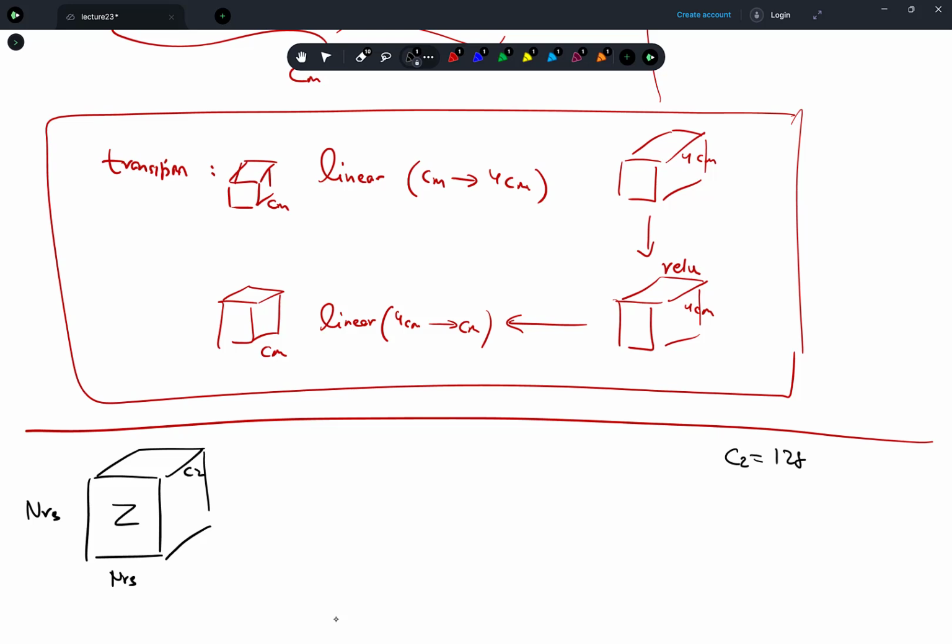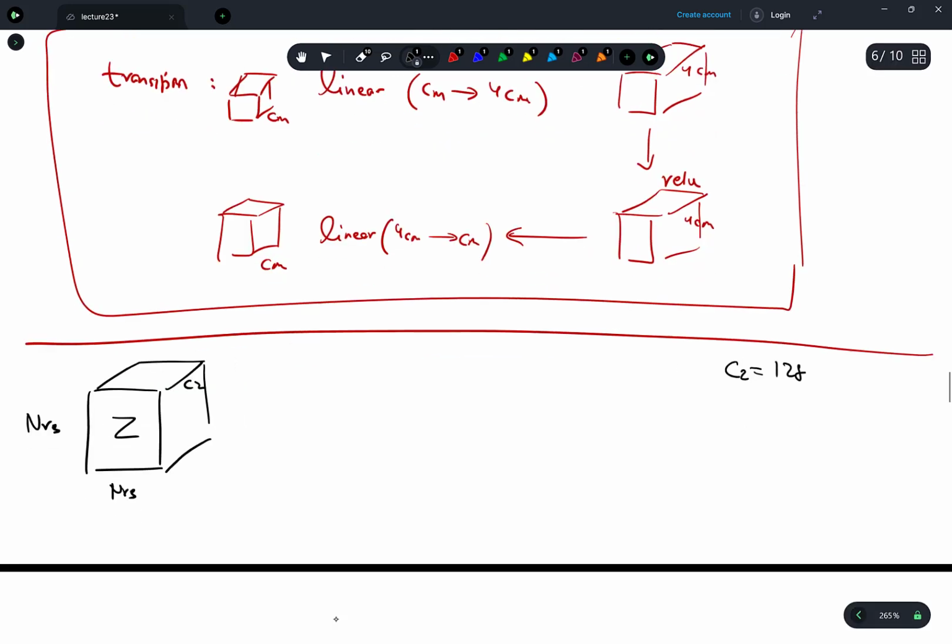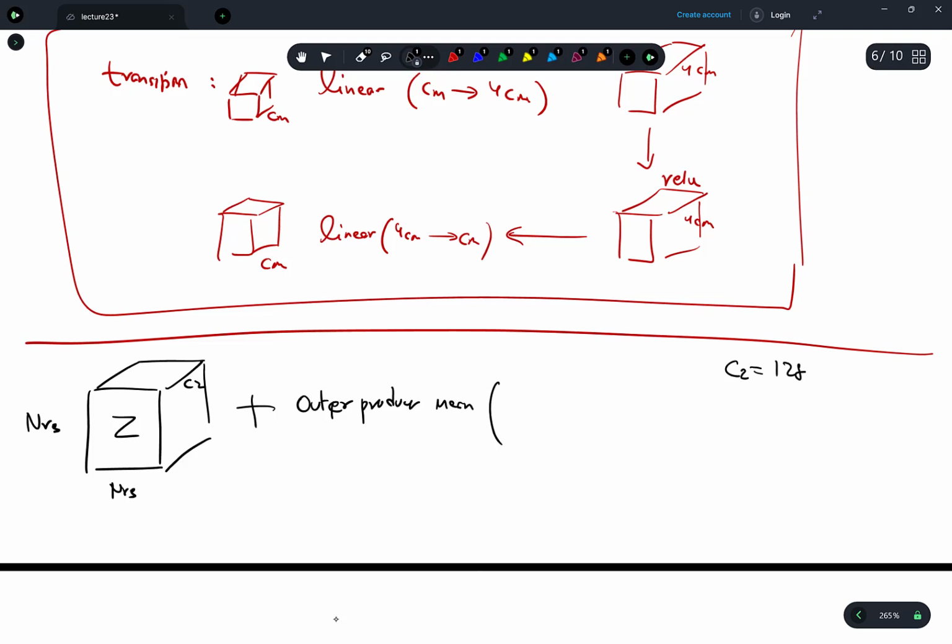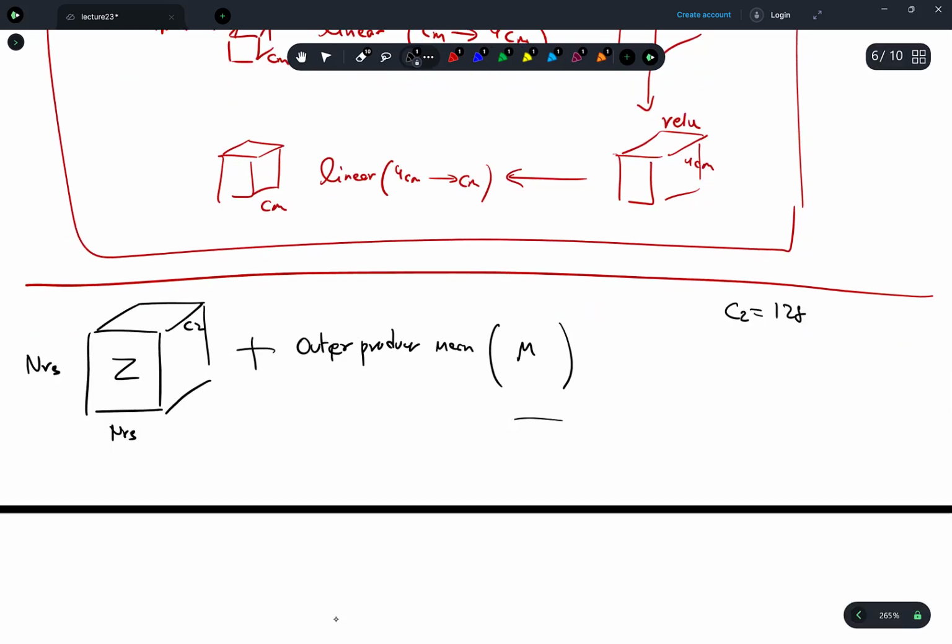So this will be combined with the outer product mean coming from the M matrix or the M tensor, okay? In other words, this M tensor, as you know, is n clust by nres by Cm, after doing all the transitions and everything.